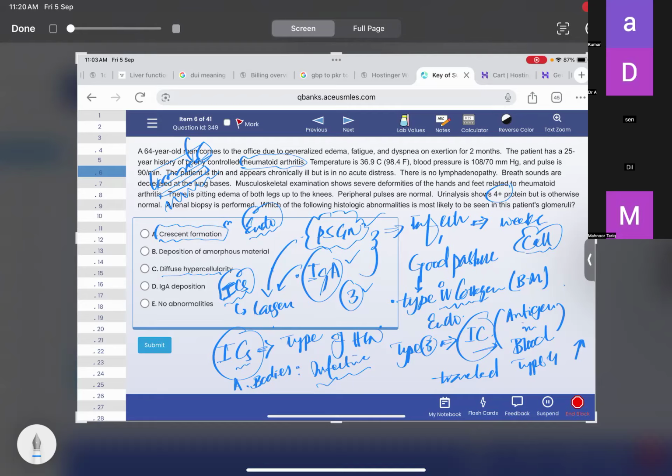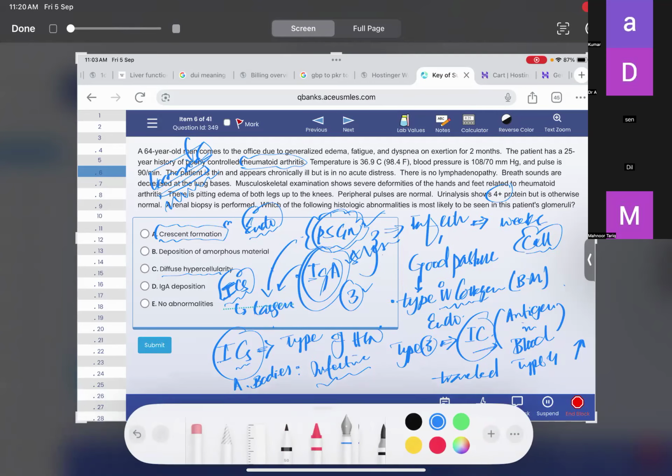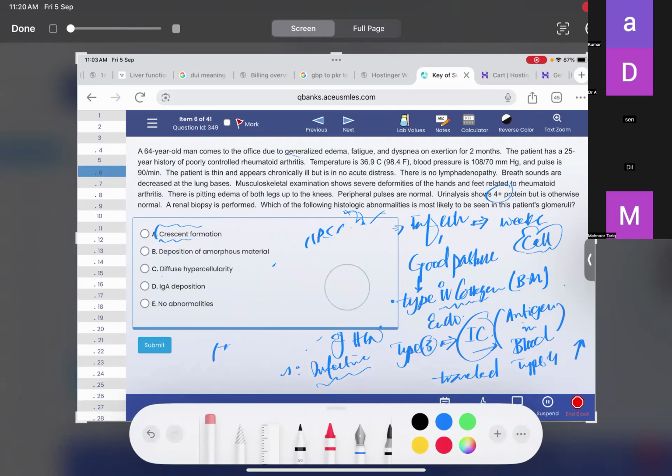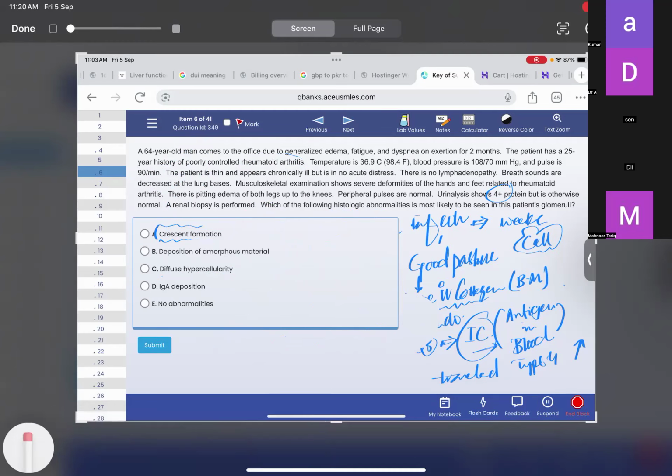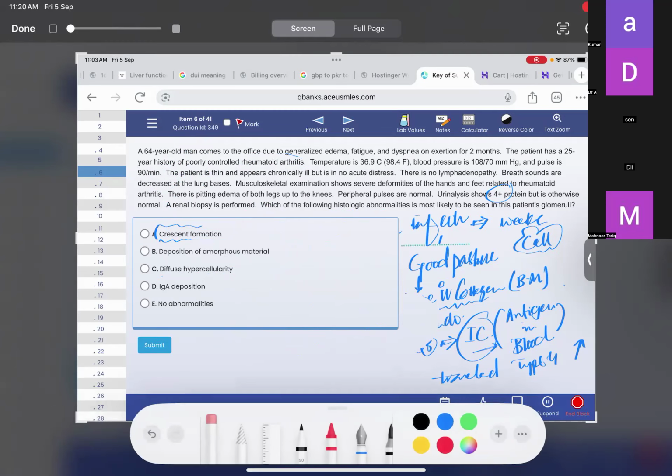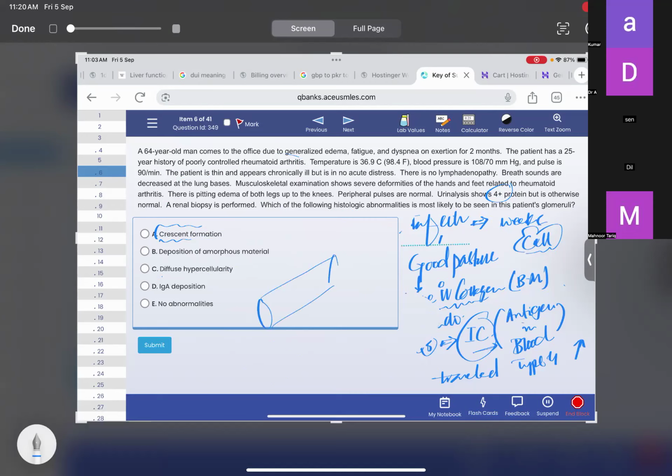So the differentiating point here is that in post-streptococcal GN, we have deposition in the subendothelium, while in IgA, it is in the mesangium, okay? And for the basic structure, we have this blood vessel, this is endothelium, this is the basement membrane, and we have the podocytes.